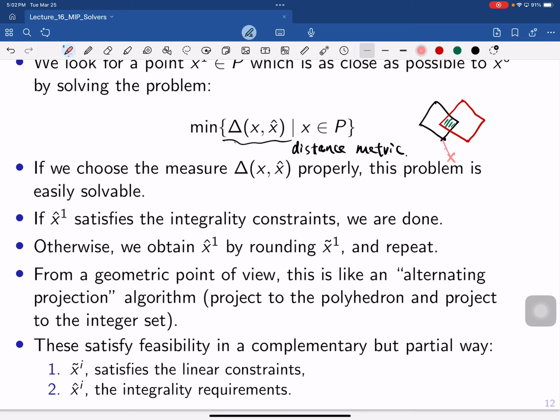Now it doesn't satisfy the second constraint. Then I project to the red set, and I keep iterating until it converges to the region denoted in green. So intuitively, for this picture, this alternating projection will converge. Actually, alternating projection will converge when the two sets are convex.